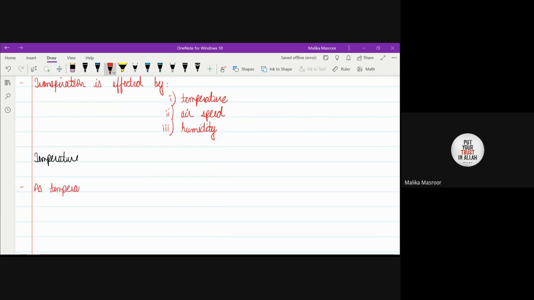As temperature increases, rate of transpiration also increases, as water molecules gain kinetic energy and evaporate faster from the surface of mesophyll cells.